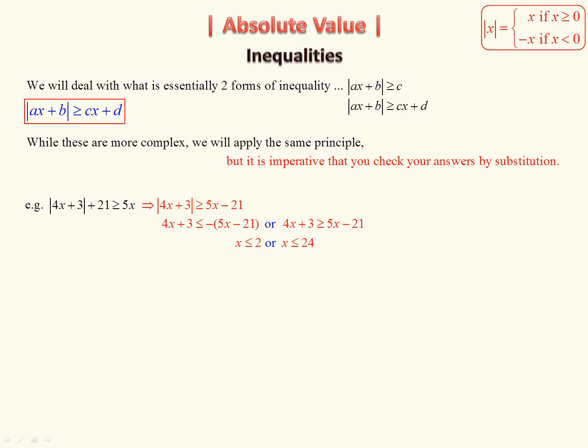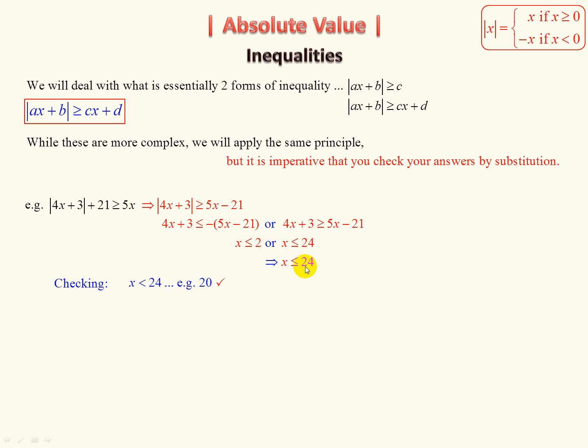Now if we draw up our number line, I didn't draw up a number line. I don't even have to actually. It means x less than 24, or the other region.